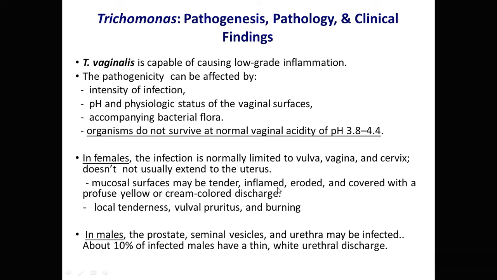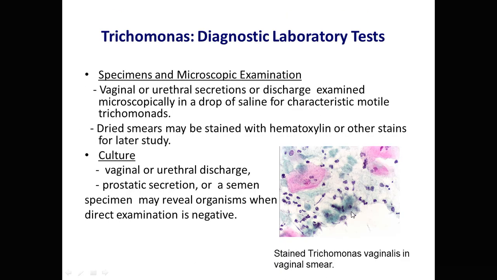In females, the parasite affects the vulva, vagina, cervix, but it doesn't move to the uterus. There is a specific discharge. Also, there's inflammation, itching, and a burning sensation. And in males, the parasite affects the prostate, seminal vesicles, urethra, and about 10% of males can have urethral discharge.